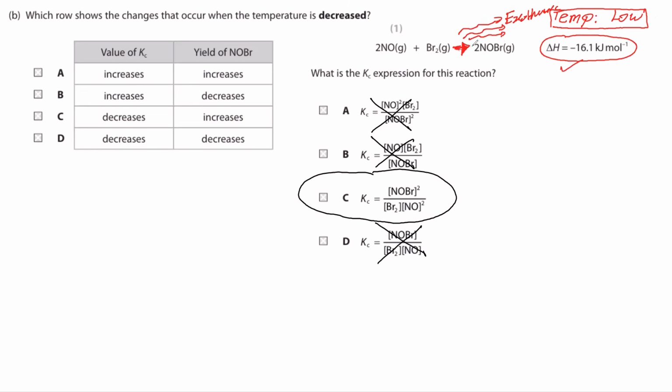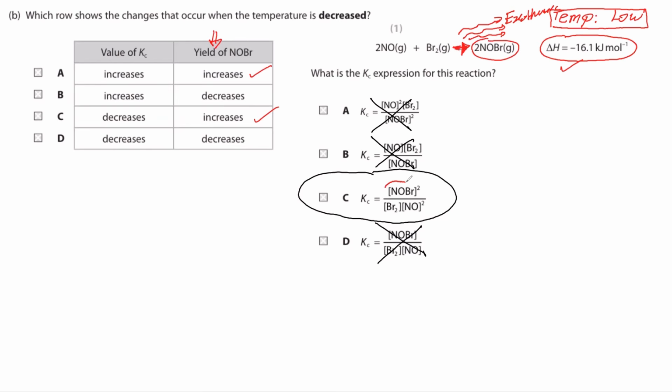So what will happen to the yield of NOBr? Because in the second column, they are talking about the yield of NOBr. Obviously, when more and more forward reaction takes place, the yield of NOBr increases. So there are two answers where the NOBr yield increases. Then what will happen to the Kc value?